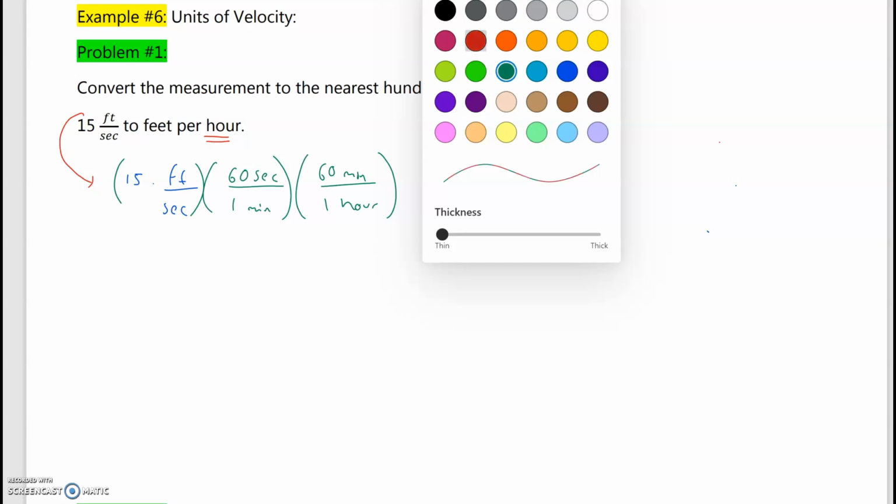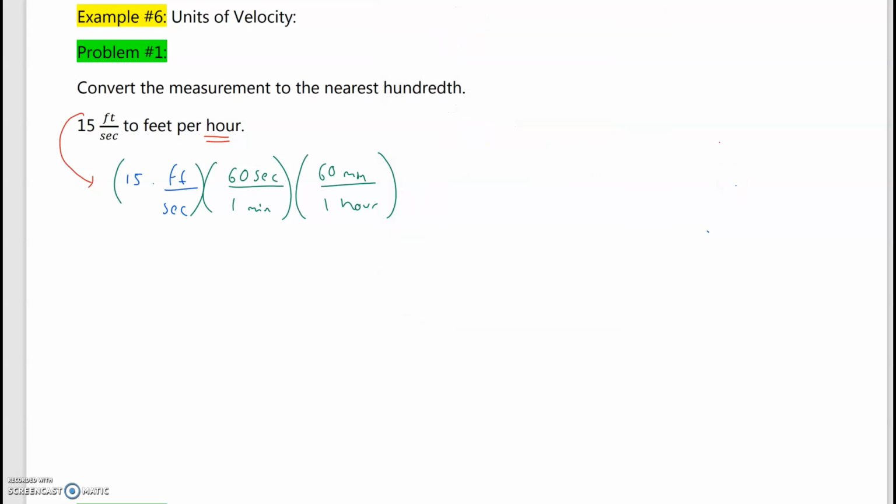Before we carry on the multiplication, let's make sure that these are going to cancel. So seconds cancel, minutes cancel, and we are left with 15 times 60 and 60.